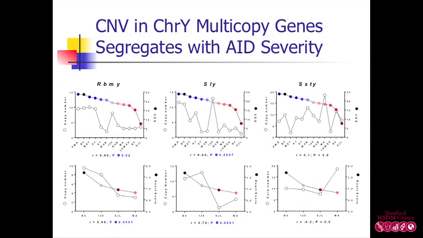So then, to test the hypothesis that Bernardo tested in Drosophila, we set out and quantified the number of copy variants for 3 different multicopy gene families on the Y chromosome. RBMY was one, a ribosomal multicopy gene, very similar to Drosophila. SLY, and SSTY.